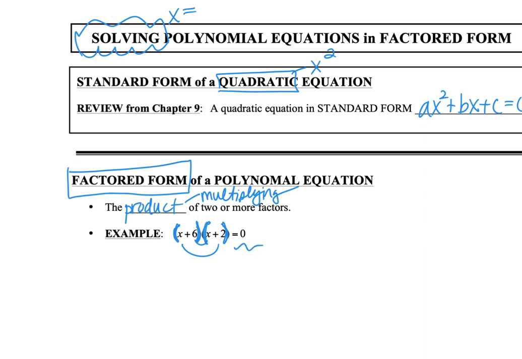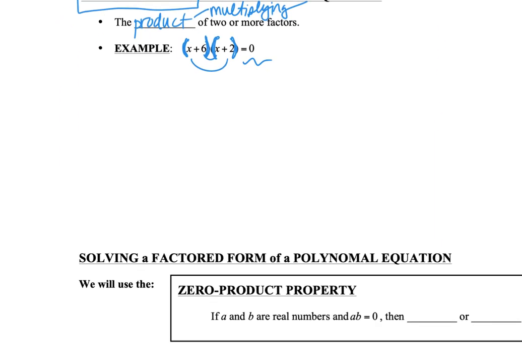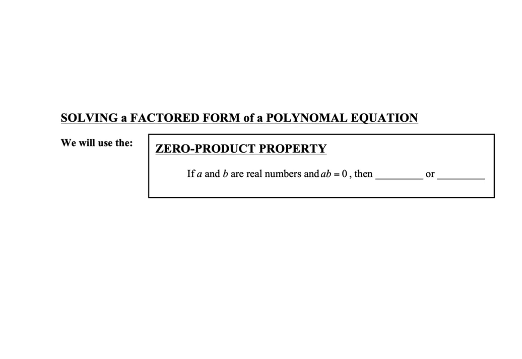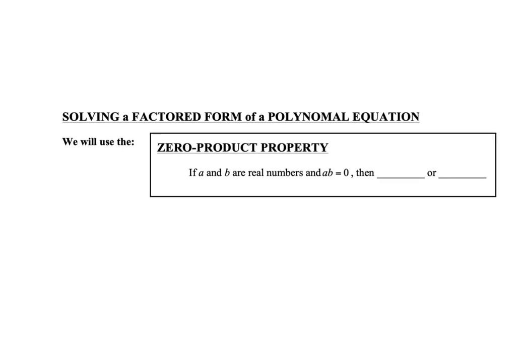Well, 0 is a special number, okay? And so when I'm solving one of these, we're going to use what we call the zero product property. And I know you've probably never heard that before, but you know this. The zero product property says that if I multiply 2 numbers, so if I take A times B, and my answer is 0, the only way that's true is either A must be 0 or B must be 0.